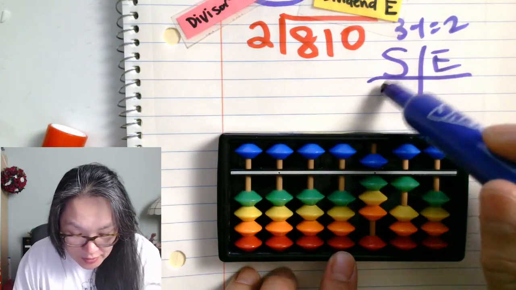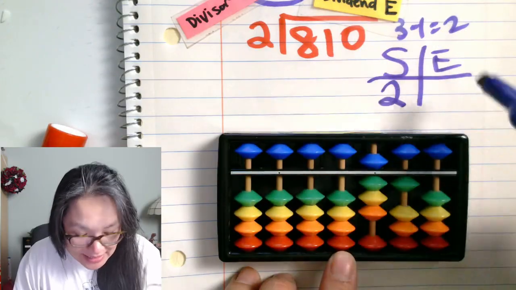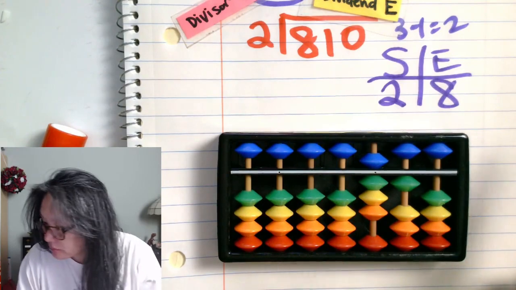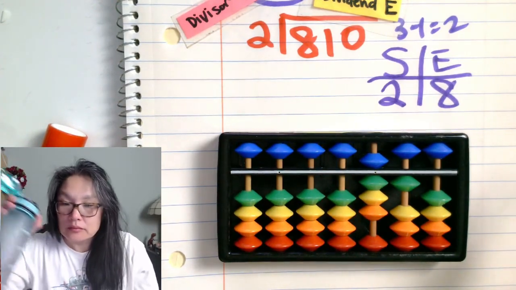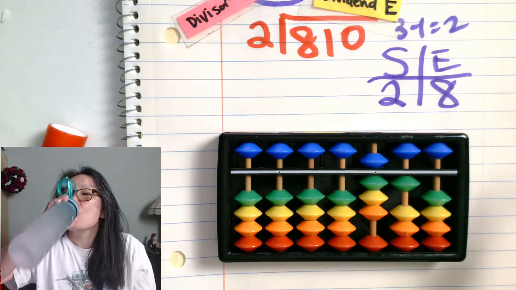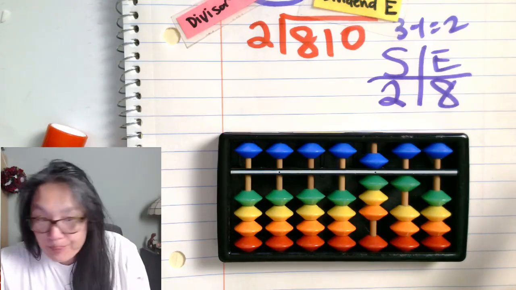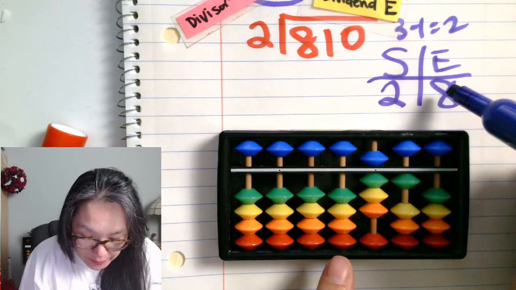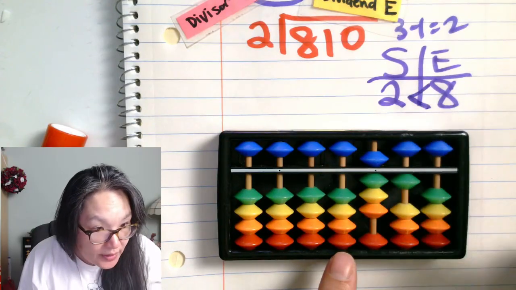Our divisor is 2. Our dividend is 8. Who is bigger? Our dividend is bigger. Thank you, our 8 is bigger.